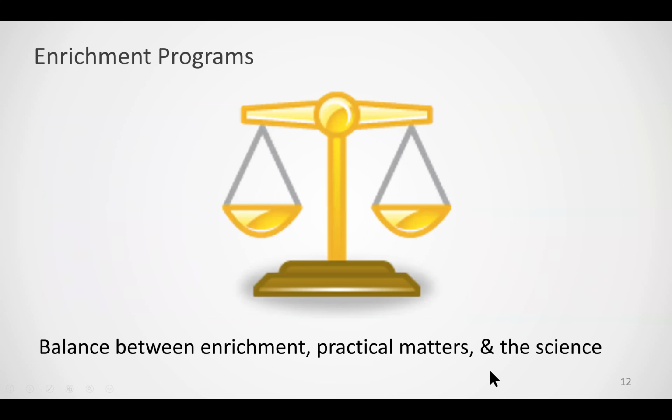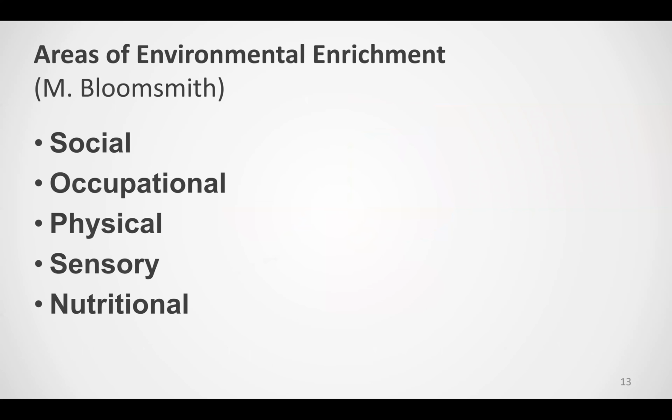So it's a balance, basically, right? It's a balance between the enrichment, what's practical in that setting, and what's going to affect the science. So those areas of environmental enrichment, they include social, occupational, physical, sensory, and nutritional.